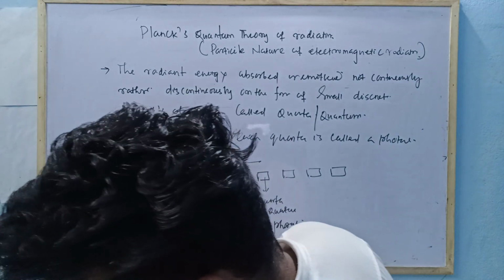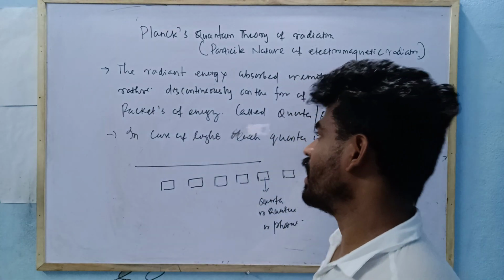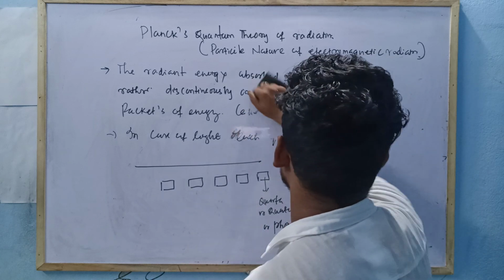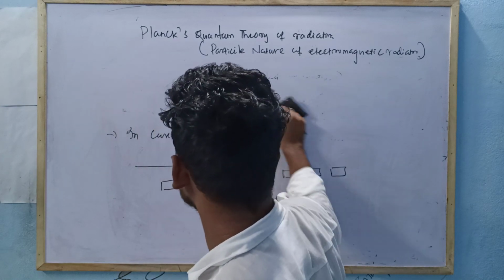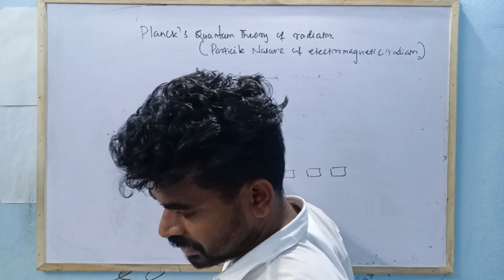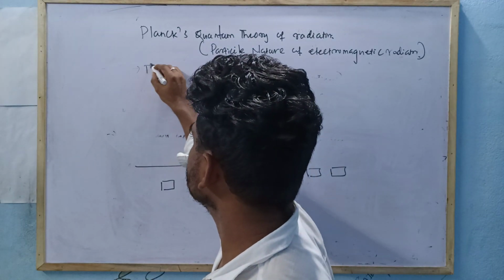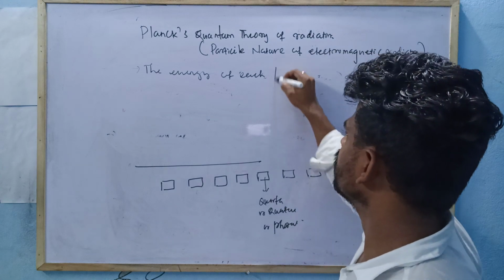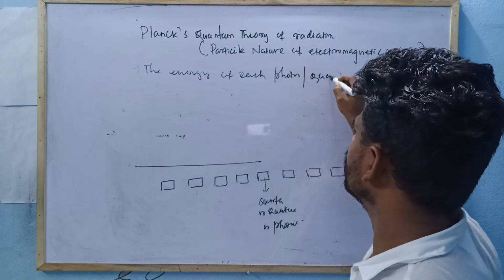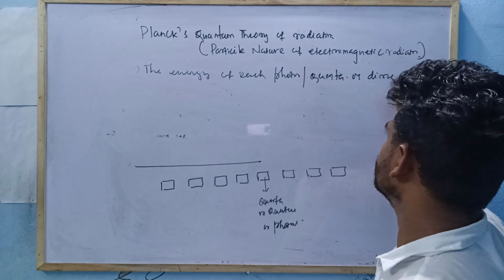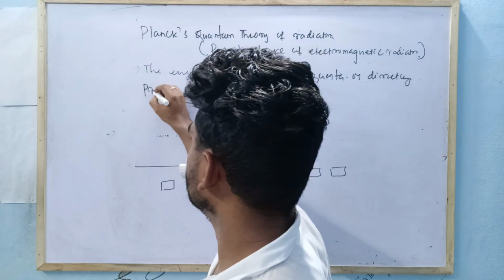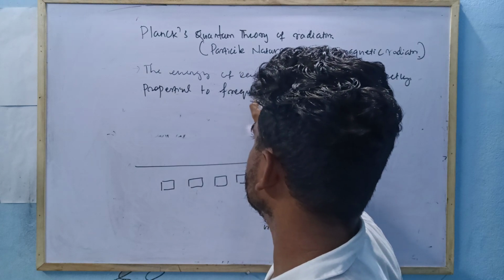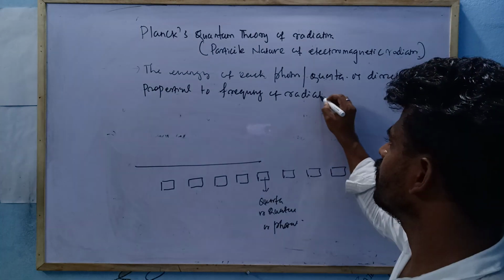Next point: the energy of each quanta, the energy of each photon or quanta, is directly proportional to the frequency of radiation.